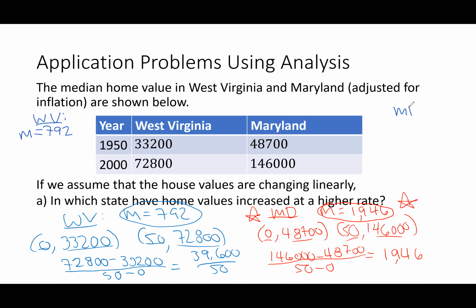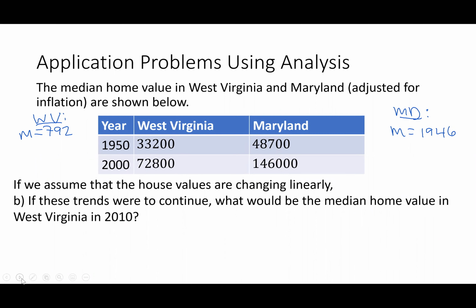And for Maryland, our rate was 1946. Okay. So we know which state has a higher rate now.